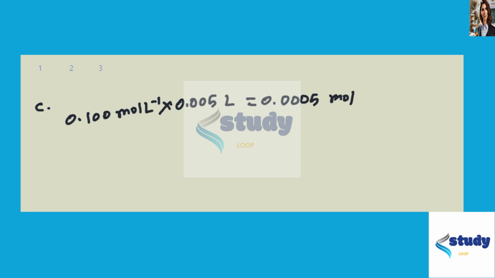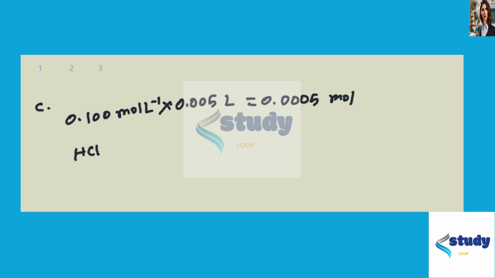So this is the number of moles of HCl, and this number of moles of HCl will react with the base RbOH after adding 5 ml HCl. Let's now set up the reaction.